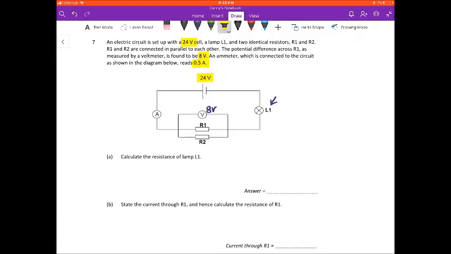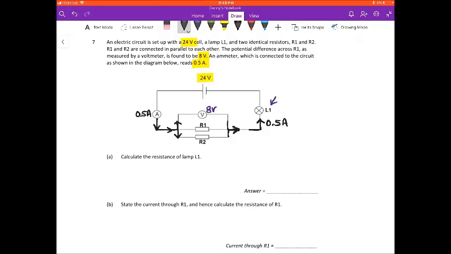And then your ammeter reads 0.5 ampere. And I know that this current will go into here, then it will split. Once it splits, I do not know the value, but when it converges back into the main line, this guy here is also going to have 0.5 ampere.